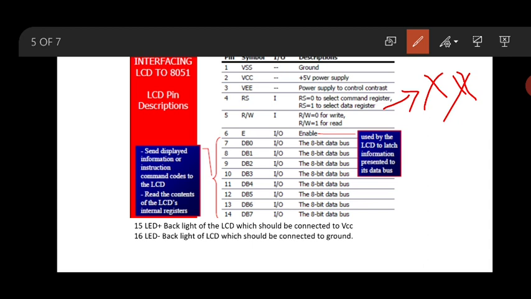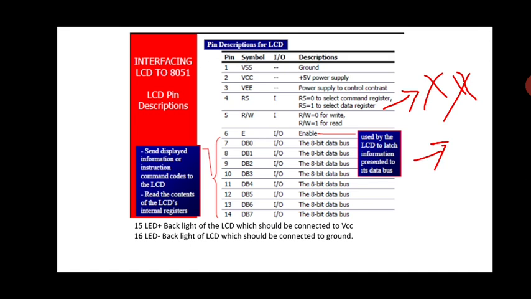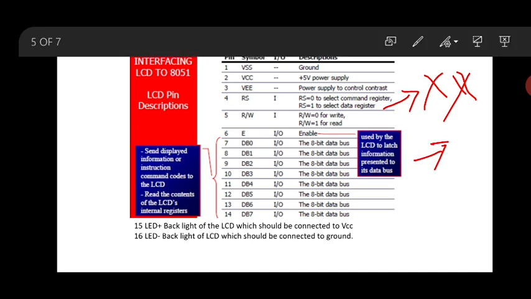If I want to shift the cursor by 1 bit, I have to send a command. If RS is equal to 1 and data is transmitted from DB0 to DB7, it will be considered not as a command but as data bits. I hope this concept is clear. It depends on the RS bit: if it is 0, it is a command; if it is 1, it is data.